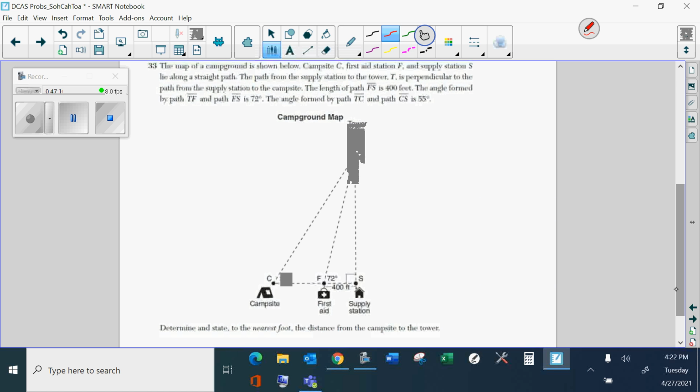Okay. The distance from the campsite to the tower. Campsite to the tower. That's what you're trying to find.